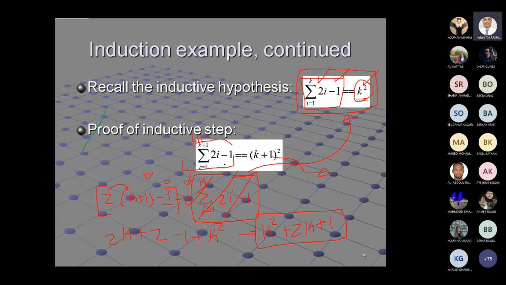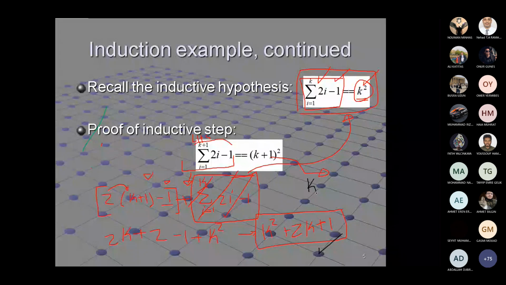Yes, so we already reached the left-hand side. We reached this one. So now take the right-hand side. The right-hand side is a perfect square for k plus 1. So it's k to power 2 plus k multiplied by 1 multiplied by 2, which is 2k, plus 1 square, which is 1.